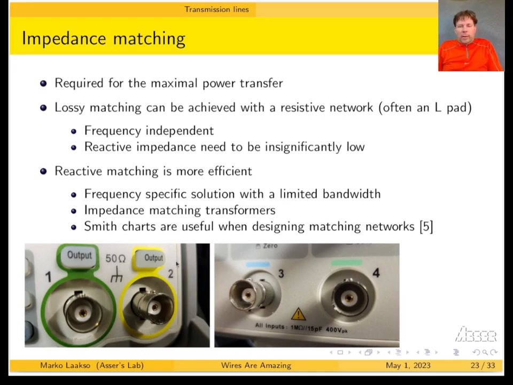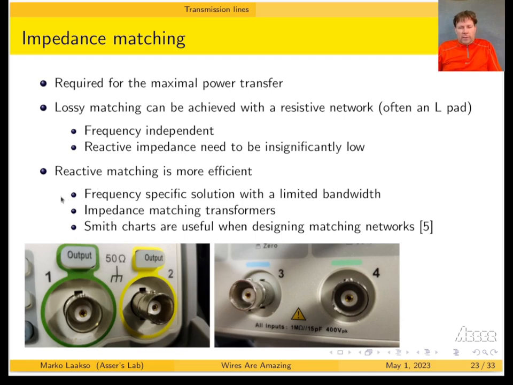So one option is lossy matching, and that can be achieved with a resistive network. So basically you can build voltage dividers. They are frequency independent. That's a clear advantage, but of course they consume some energy from the system, and the reactive impedance needs to be insignificantly low, so they don't work for reactive impedances.